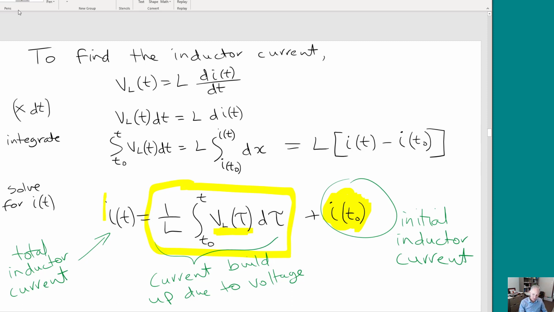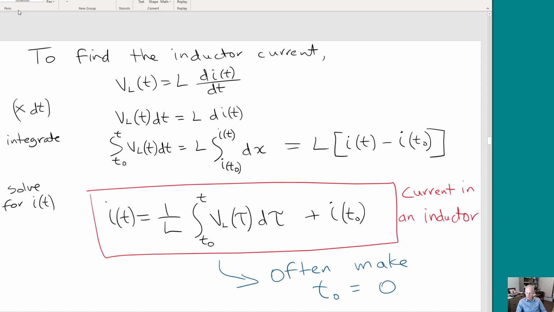And of course, the most important thing is the total current, which is what we're solving for. That's the inductor current i(t), the current in an inductor. This expression is often written with t naught being 0, which can be a more simplified way of thinking about that equation, but depending on the circumstances, it's the initial time.